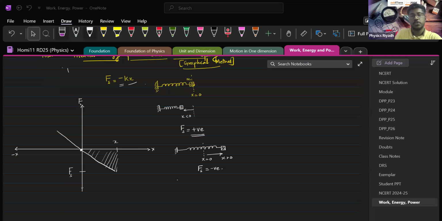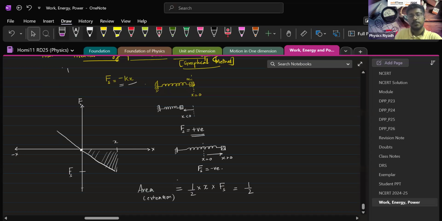Remember that the area under the force-displacement curve gives the work done. So half into base into height, half into x into the spring force, which is half into x into minus kx.